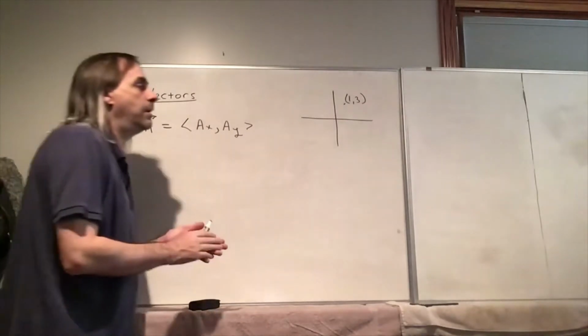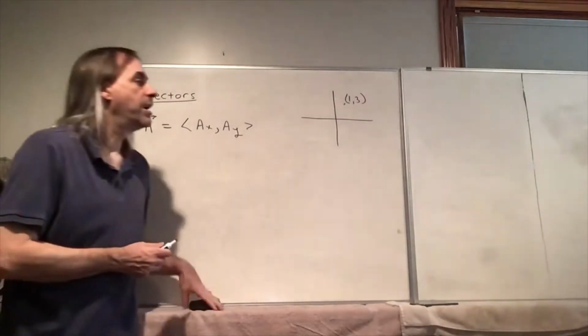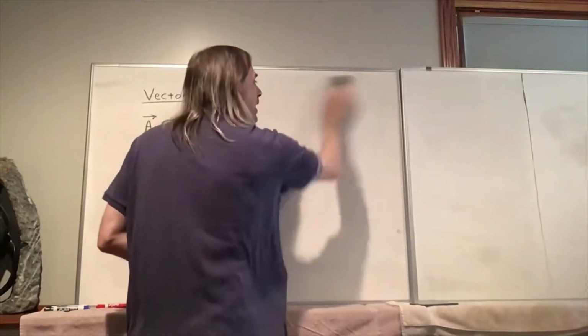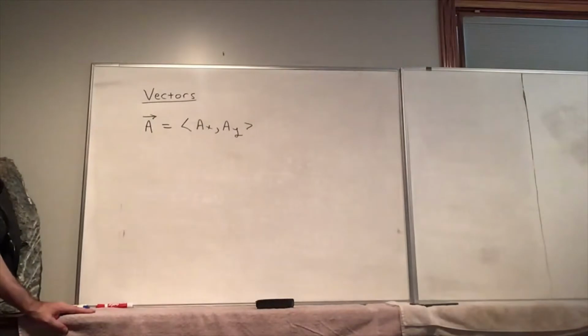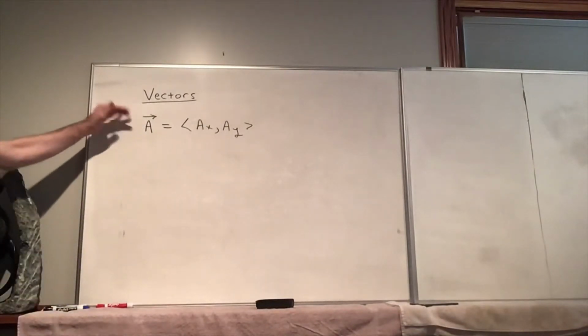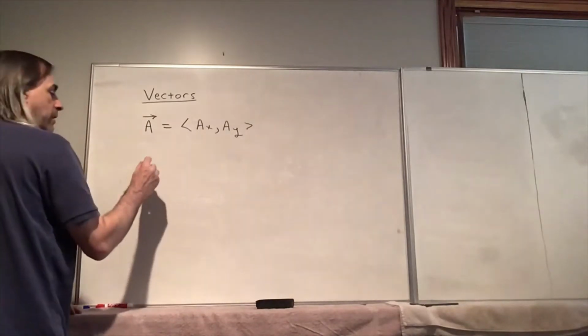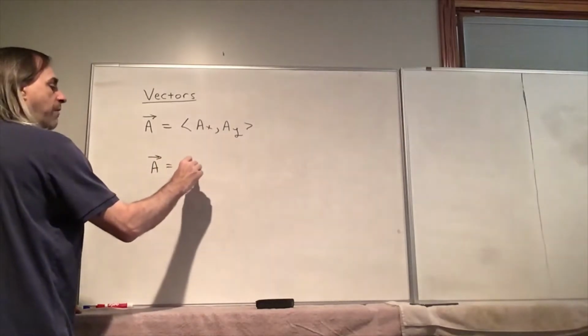But again, vectors have directions, and so we always want this graphical approach to it as well. So I want to do them both at the same time. This will be our formal definition of what a vector is. But let's look at an example. Let's say A is vector 2, 4.